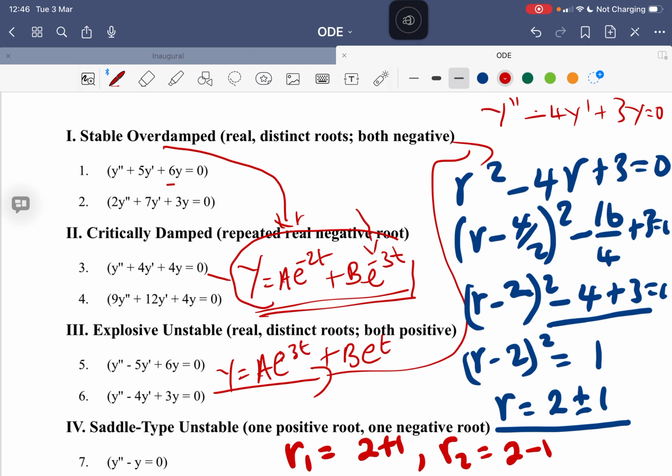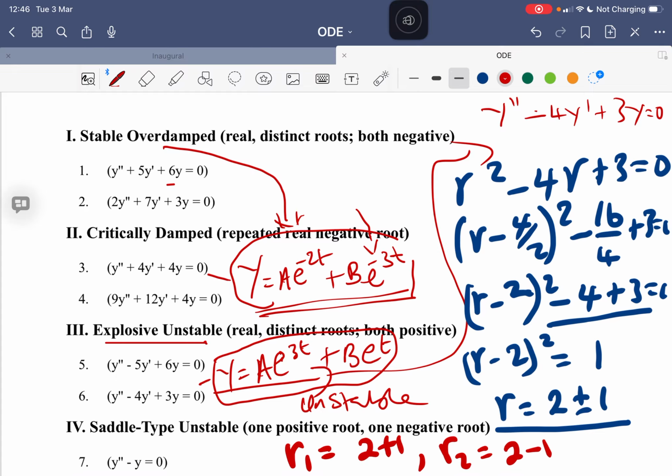So this is the solution. In this case, all the exponents, the powers, are positive. So in that case, we have an unstable case.